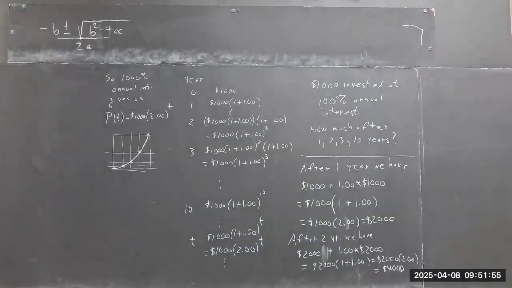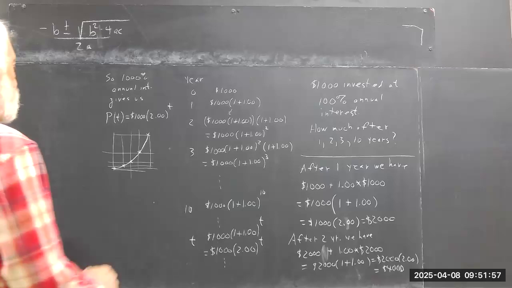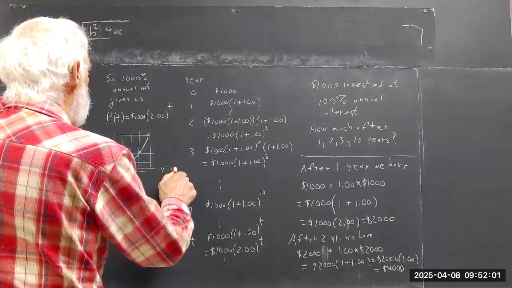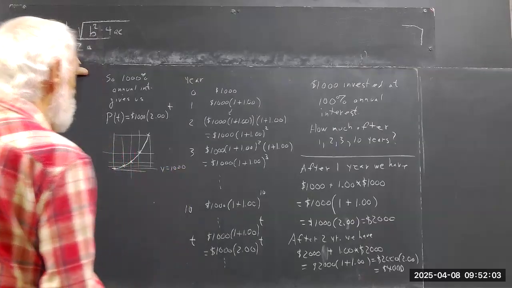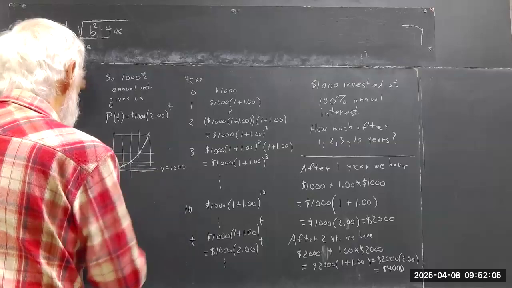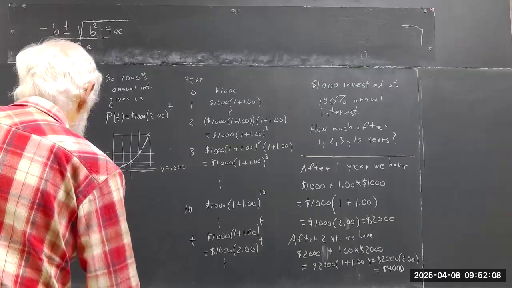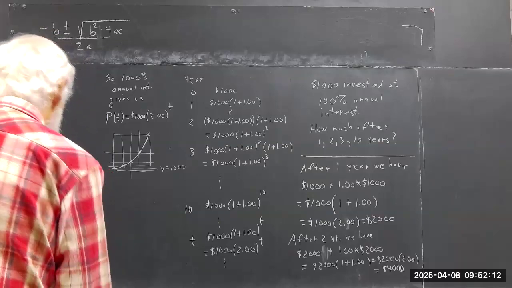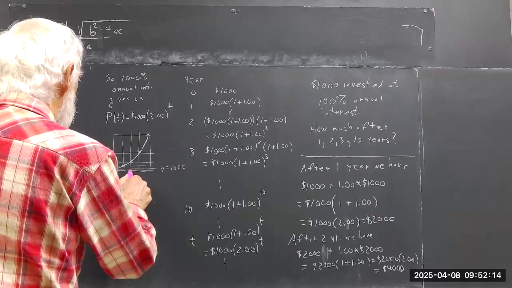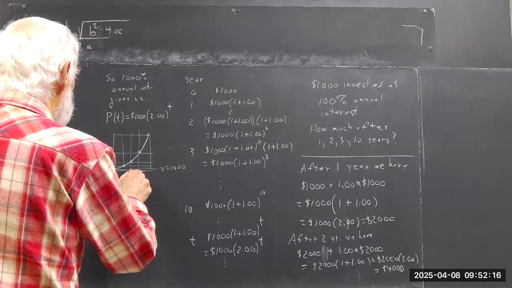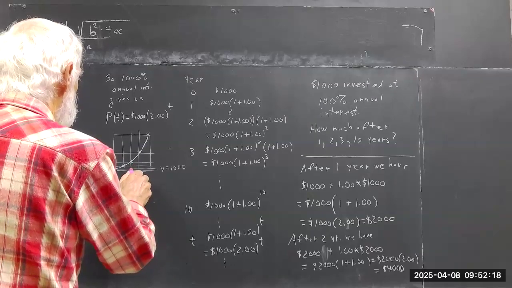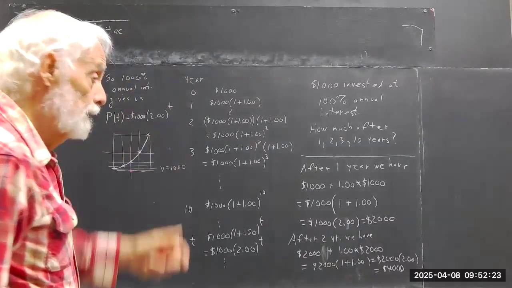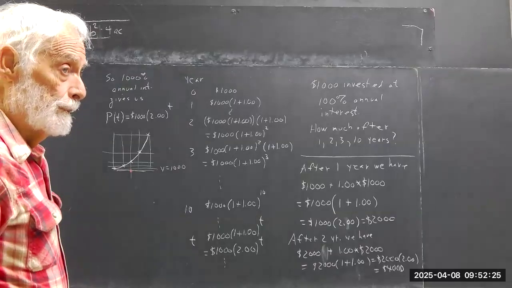It's a graph where this line down here is y equals 1,000. And we can see how the money's growing.